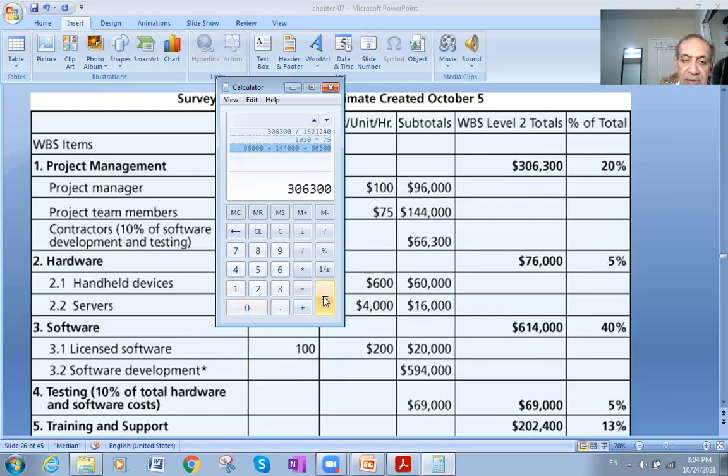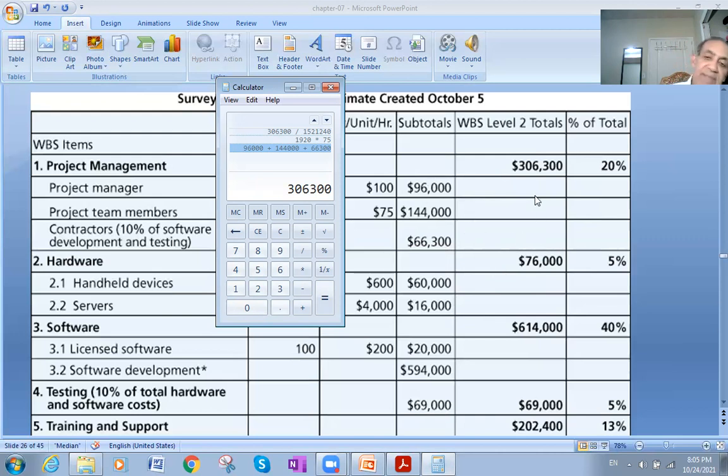That equals the total amount, which is 306,300. This is the total, and those are the subtotals, which show where the total comes from. Actually, it should be down here, because when we add them up, it should be down, not up. But everyone has their own way of expressing the numbers.